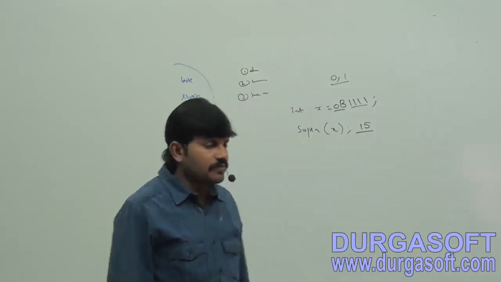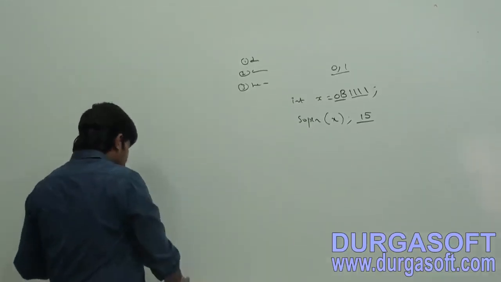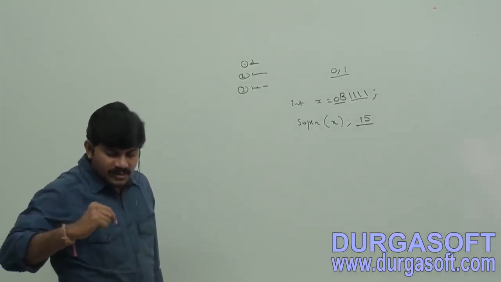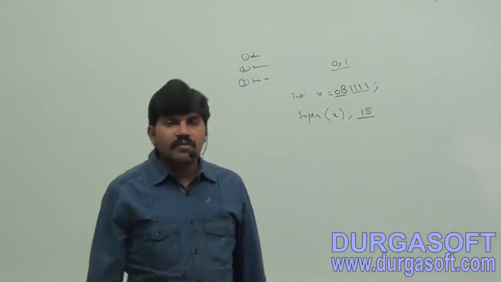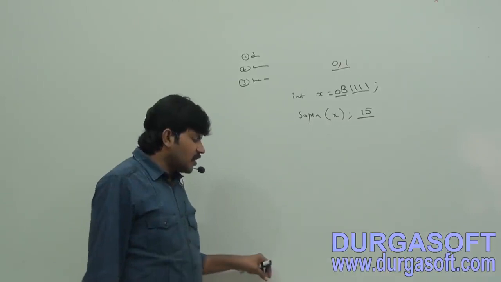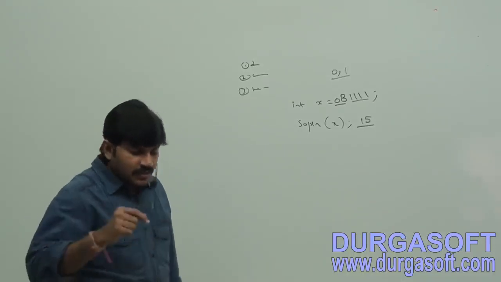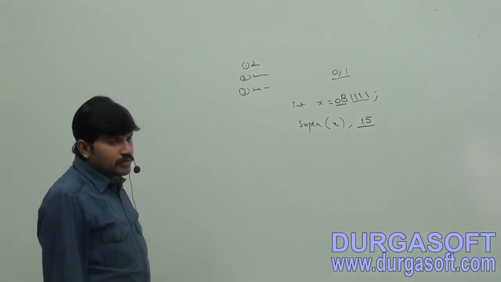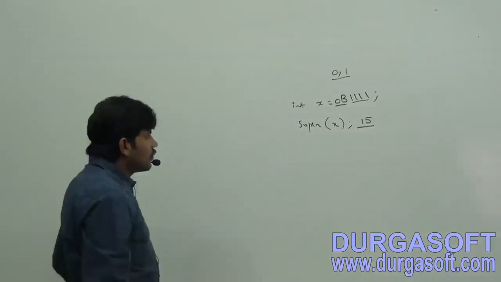Third, hexadecimal form. But from 1.7 version onwards, we can specify a literal value even in binary form also.